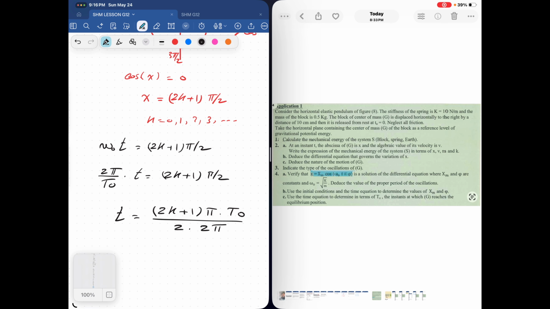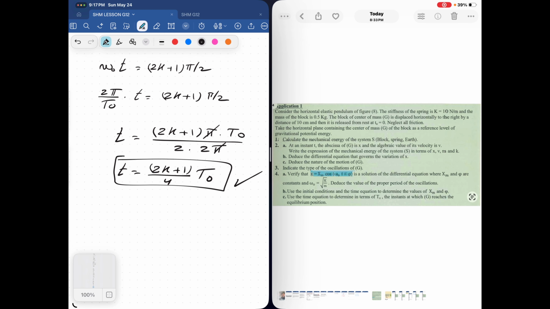A simple crisscross of mathematics. Pi cancels with pi, and t is equal to (2k plus 1) over 4 t0. By this, the question is over.